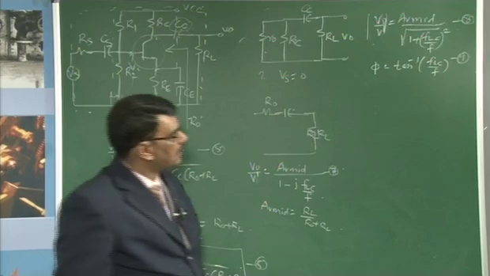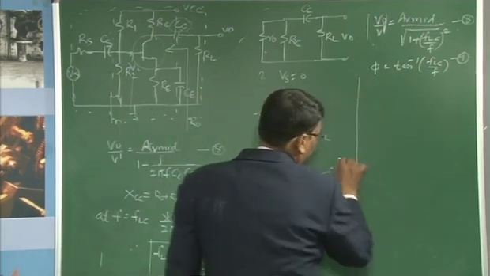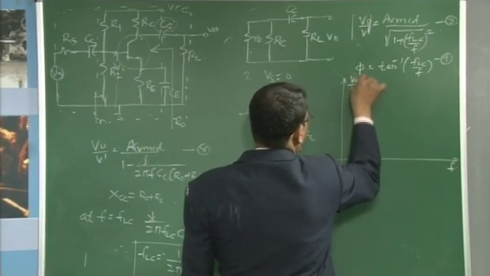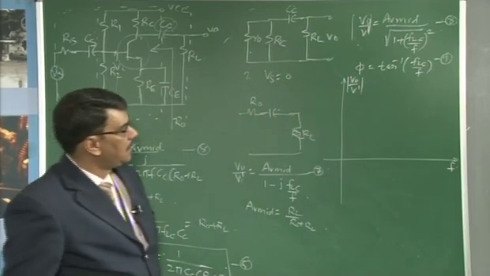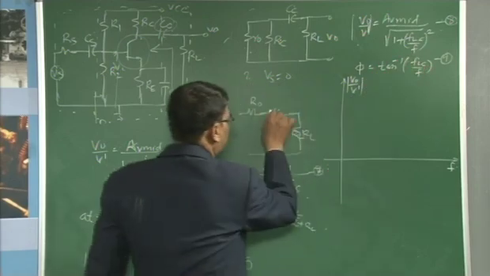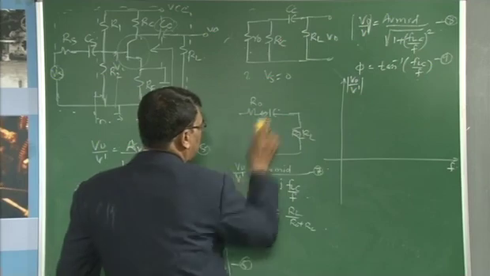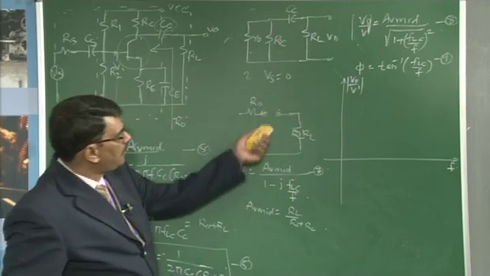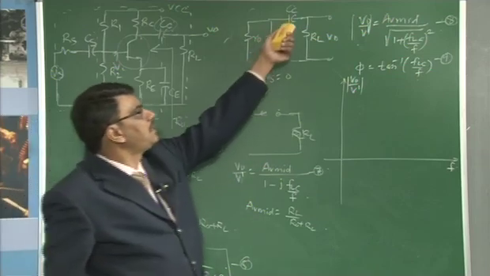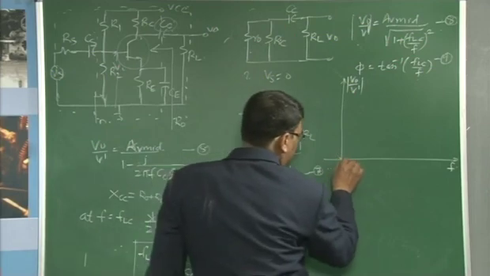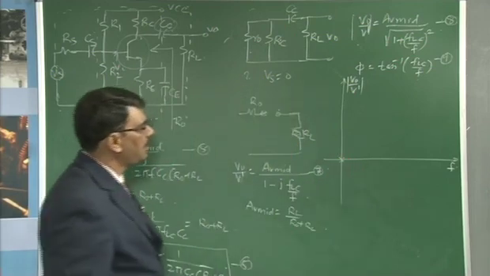If you plot frequency versus the magnitude of V naught by V dash, at F equal to 0 under the DC condition, the reactance of the capacitor becomes infinity, so the capacitor acts as an open circuit. Hence the voltage gain at this point, the DC condition, is 0.